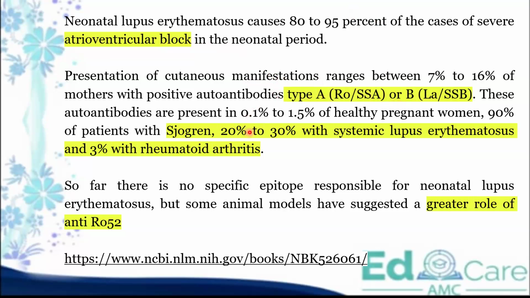These antibodies you can get even in healthy women. And 90%, so this is a large figure, 90% of this anti-Ro and anti-La is seen in Sjogren's syndrome, 20 to 30% only in systemic lupus erythematosus, and 3% in rheumatoid arthritis.